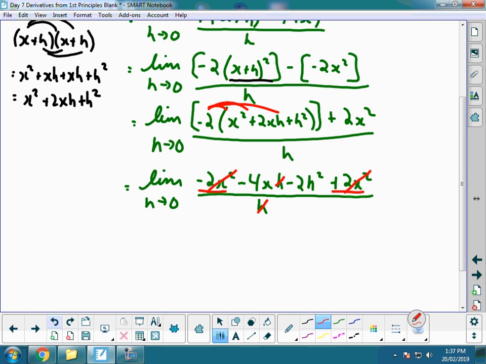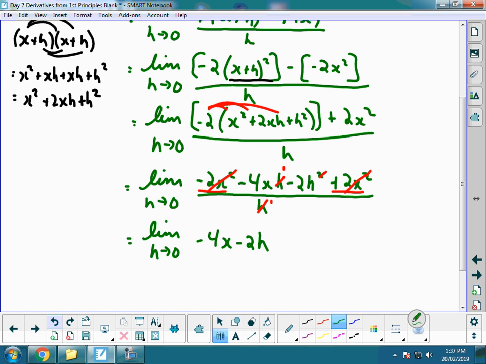Divide everything by h, there's a 1, there's a 1, x squared divided by h is just h, and I'll be left with negative 4x minus 2h. Looks very similar to what we had before.